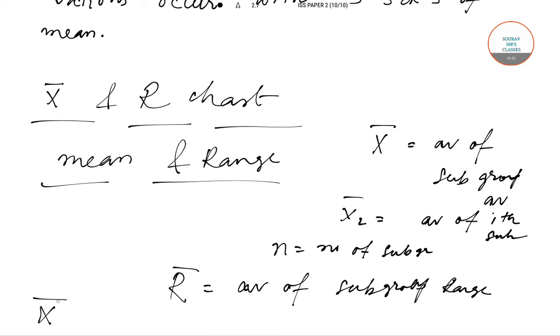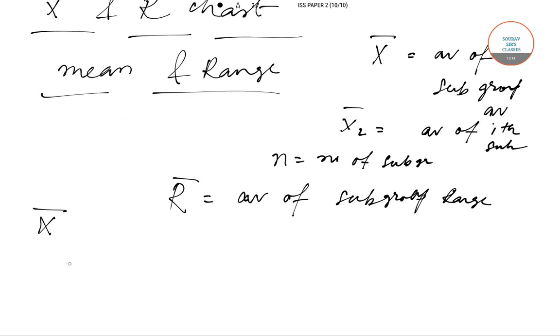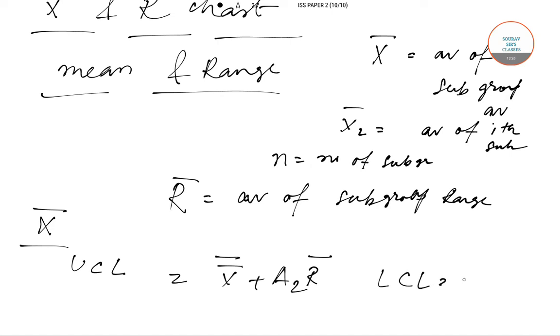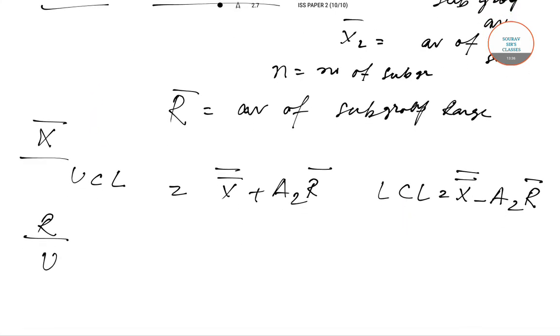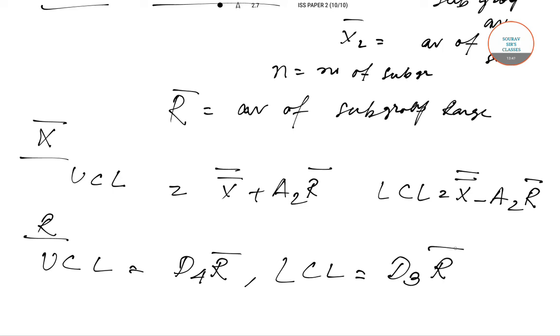For X bar chart, UCL is equal to X double bar plus A2 R bar, and LCL is equal to X double bar minus A2 R bar. And for R chart, UCL is equal to D4 R bar and LCL equals D3 R bar.